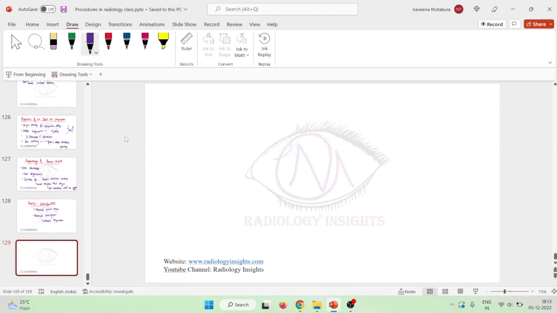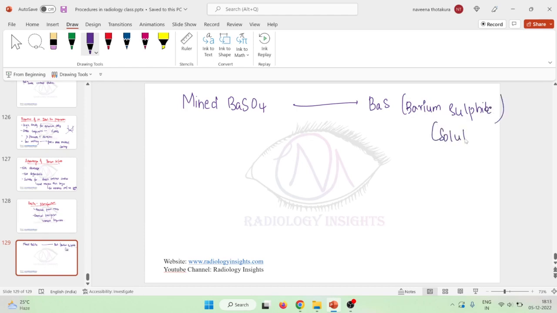Now, what happens? In the mines, we have mined barium sulfate. First, this barium sulfate is reduced to barium sulfide. This barium sulfide is soluble.